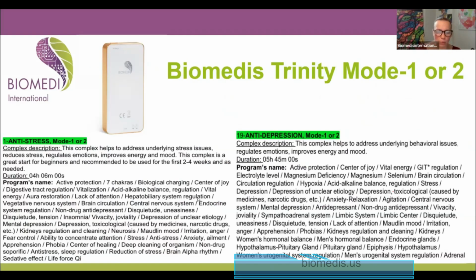Anti-stress is the number 1 complex, as I already said. If you look down, you can see that there is aura restoration, depressions, insomnia. We see all of those frequencies implemented in that complex. We have complex 19, antidepressants. Look at all of those different kinds of depressions in there, caused by toxicology, unclear etiology, stress-related depressions.